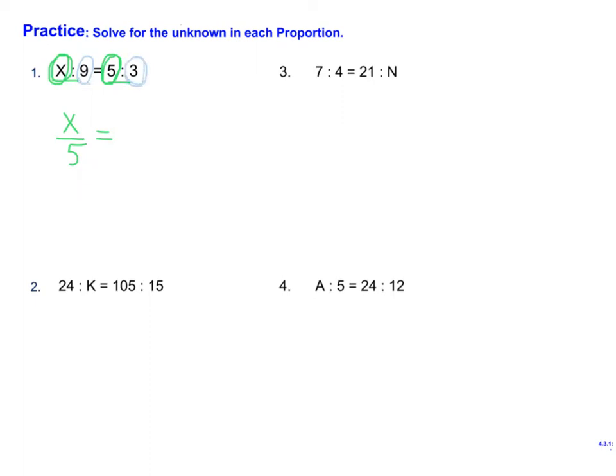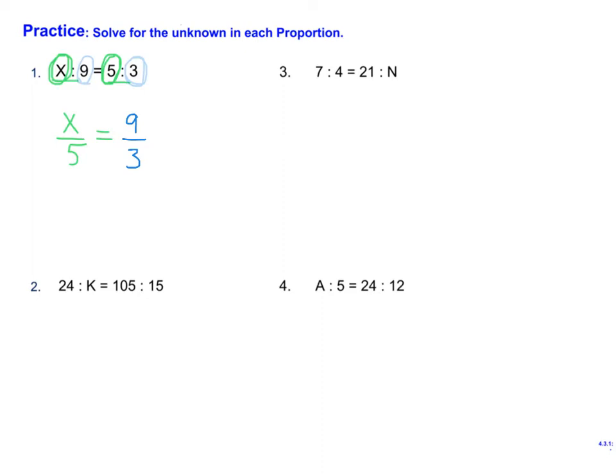So I will write x over 5, the first number on the left over the first number on the right, is equal to the second number on the left, which is 9, all over the second number on the right, which is 3.